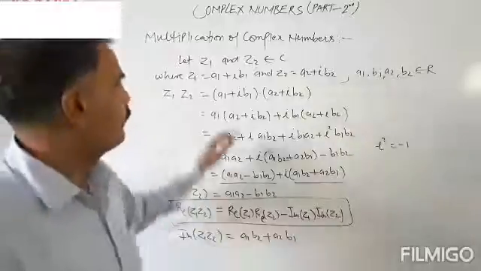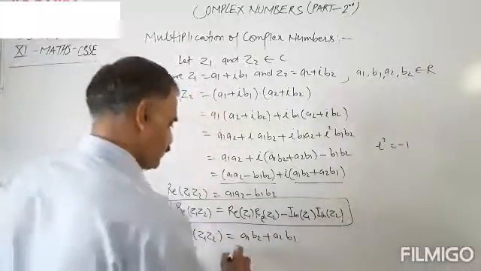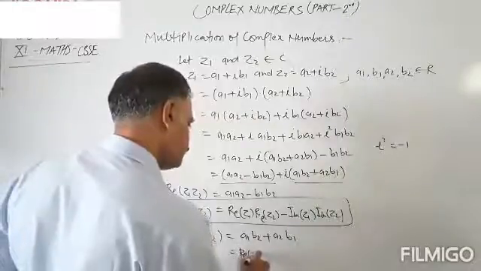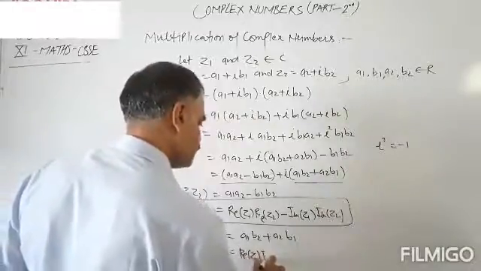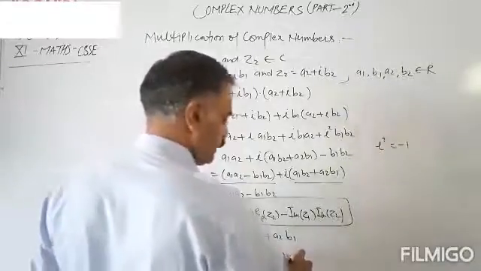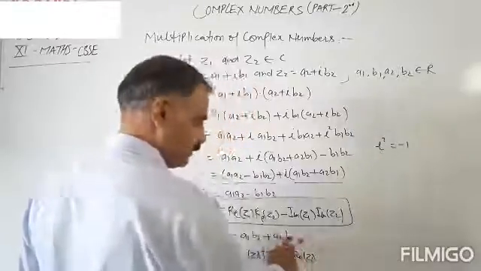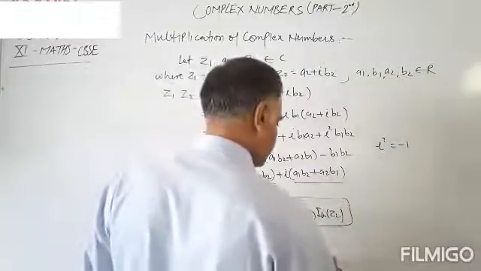Now A1 is the real part of Z1, B2 is the imaginary part of Z2, plus A2 is the real part of Z2, into B1, the imaginary part of Z1.